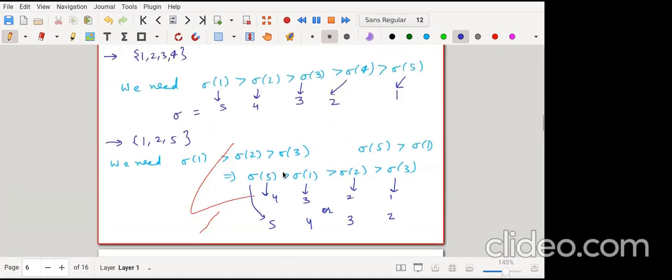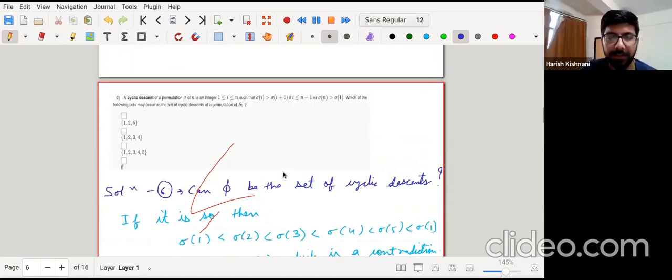Yes. So we have to come up with some other choice.